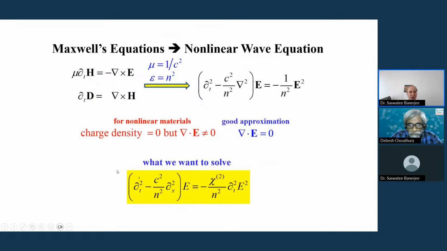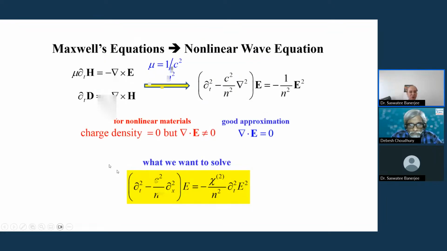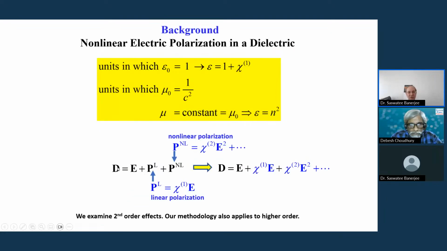The electric displacement is the electric field that results from the material. It's the original electric field in vacuum, and then it has some nonlinear parts. There's a linear part, which is the reaction of the material, chi1 times E, and then a nonlinear part.